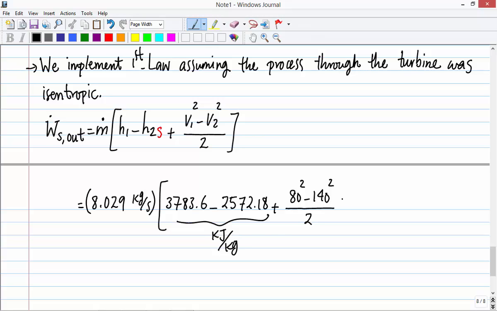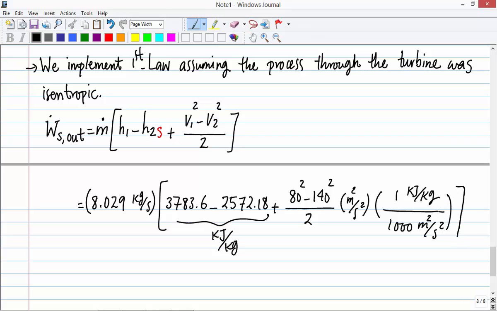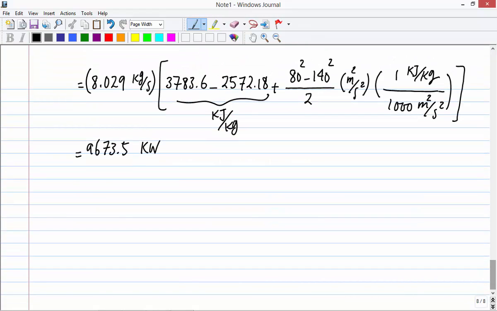But here it is in meters squared divided by second squared, and I need to convert that this way. Yeah, you need to know this conversion. You need it. And that would be 9670 point 3.5 kilowatt. Perfect.